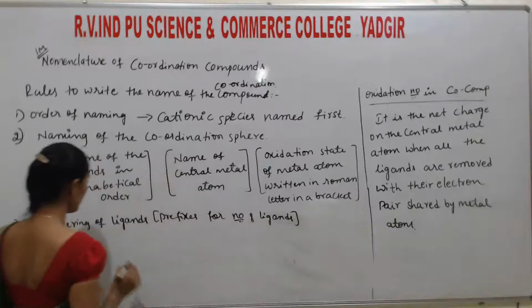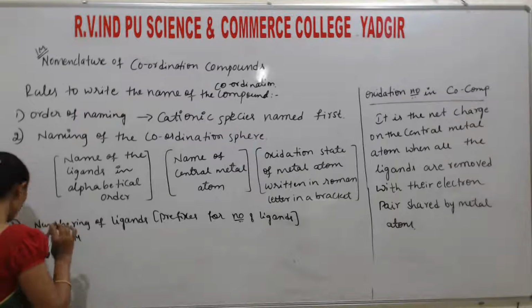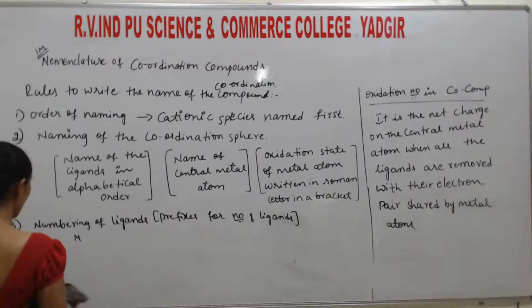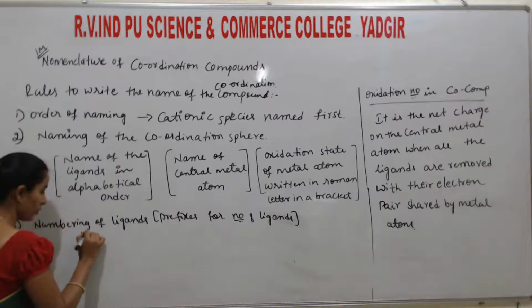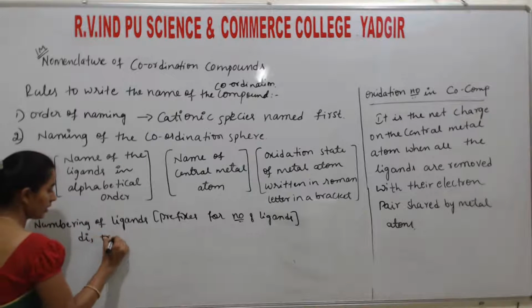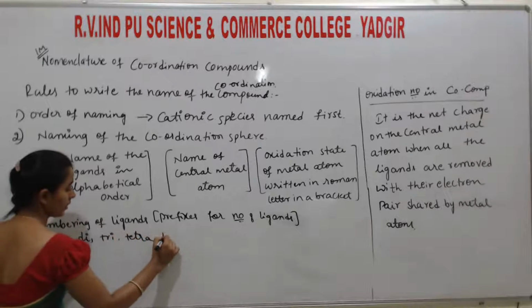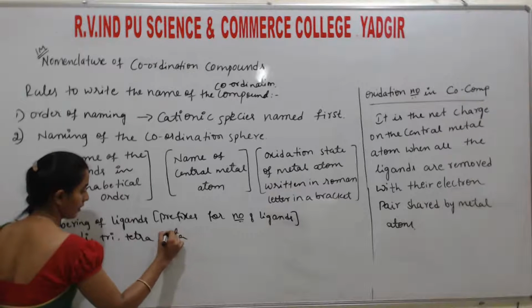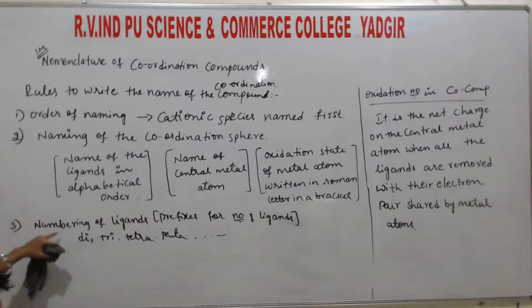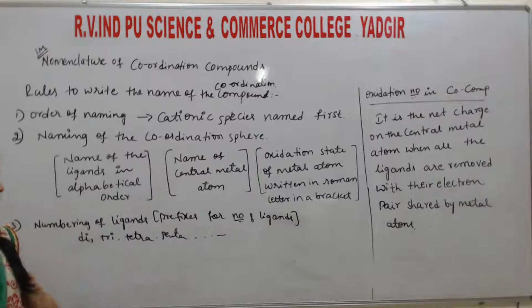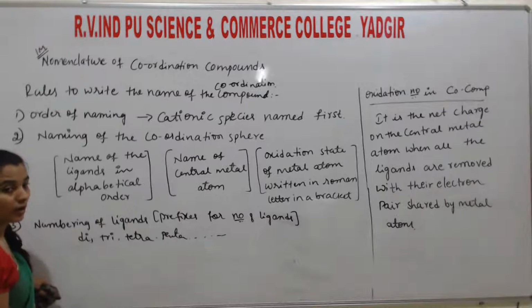So students, as I told you, the number of ligands always follows. If mono is there, nothing to worry about, directly write the name of the ligand. From two onwards, it is di, tri, tetra, penta, etc. Okay, so the prefixes for the number of ligands are di, tri, tetra, penta, etc.